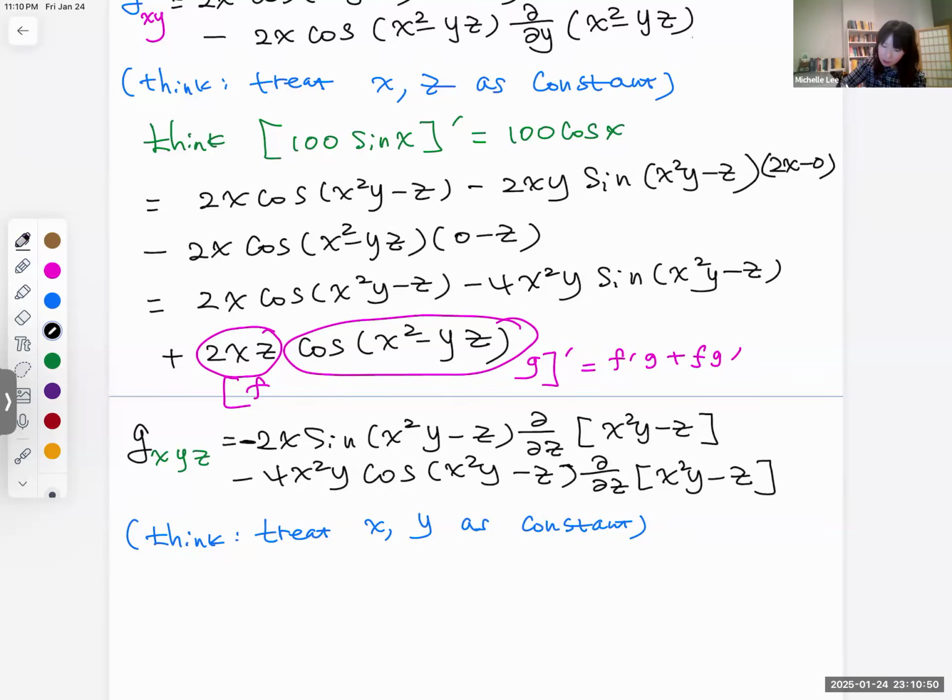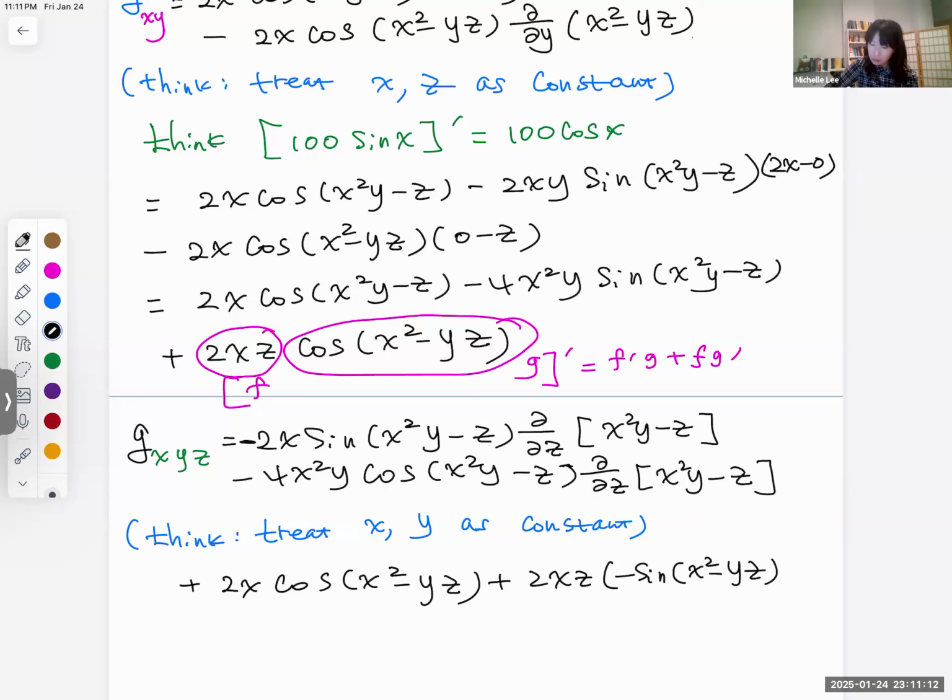So there will be f prime 2x, g, f g prime, and then the chain rule with respect to z.